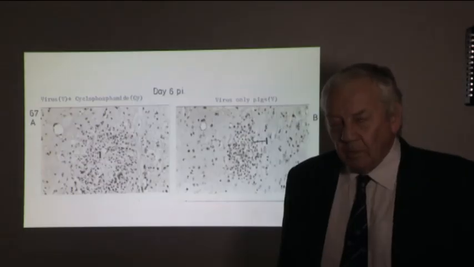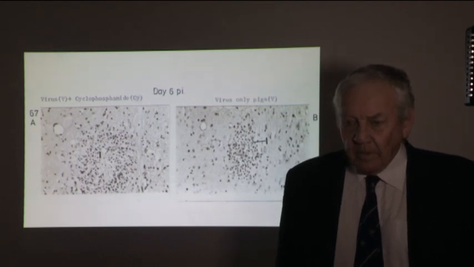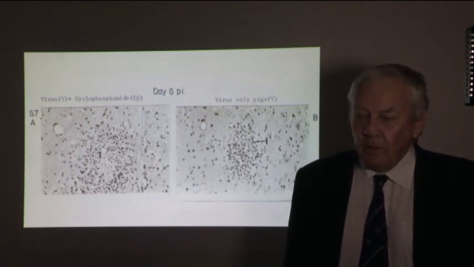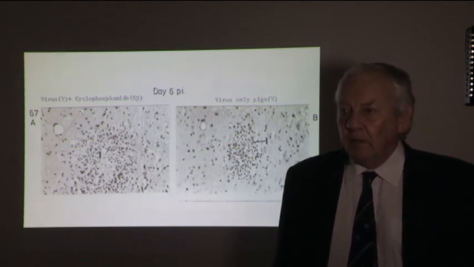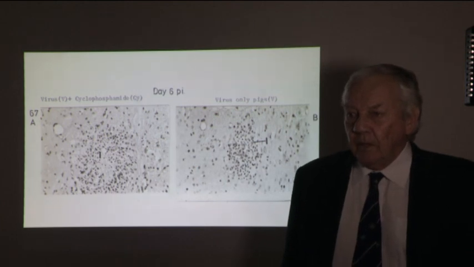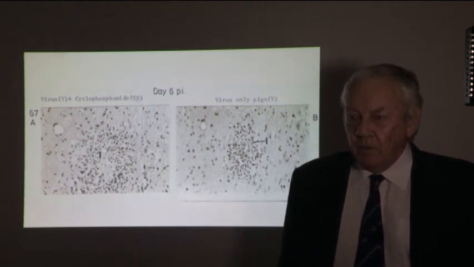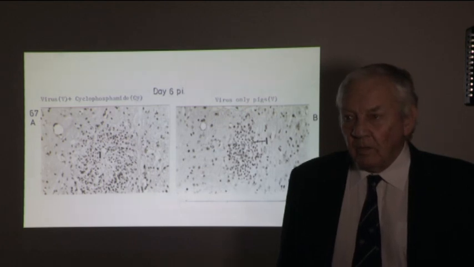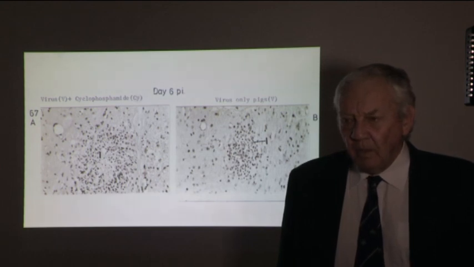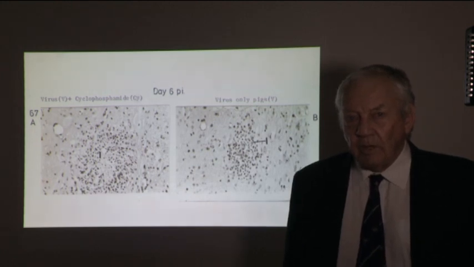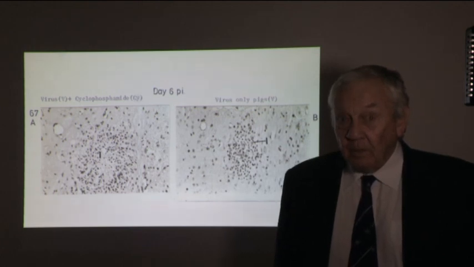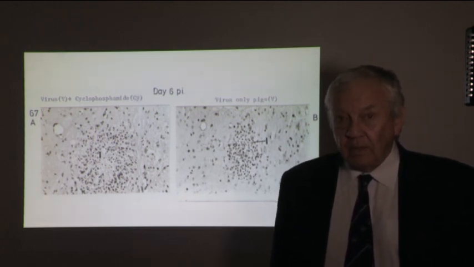In the previous work that we've looked at, the natural outbreak showed a range of nervous signs. This indicated that the host resistance and the host immune mechanisms must have played a role to account for this variation from pig to pig, given that the virus was exactly the same.